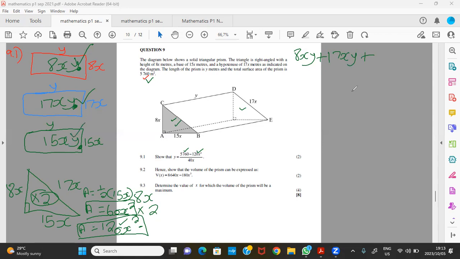Then I add the last one, which is 15xy. And then I add the area of the two right angle triangles, which is 120x squared. And when I add them, these give me the total surface area.